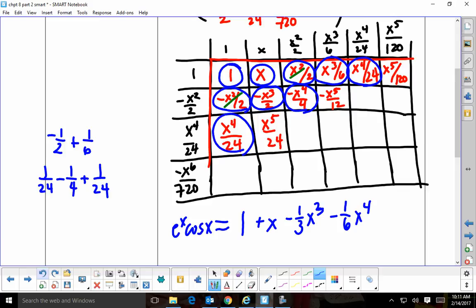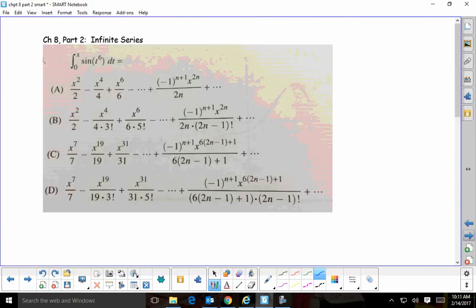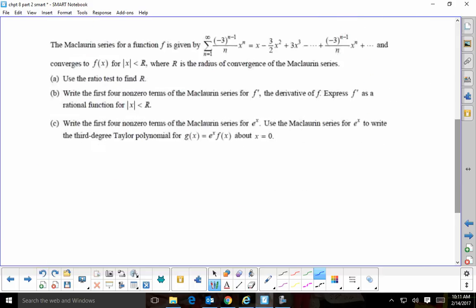All right. We are going to look at this part C. Write the first 4 non-zero terms of the Maclaurin series for e to the x. Go. 30 seconds.